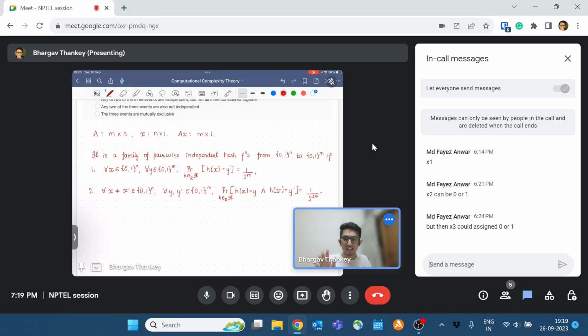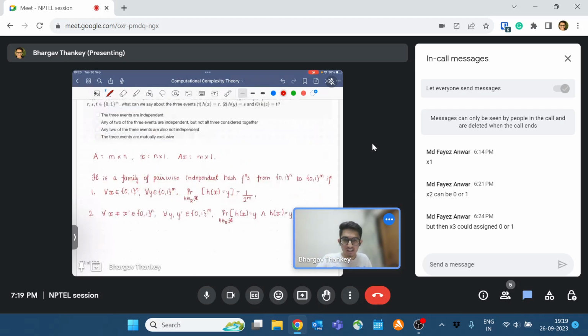If the word hash is bothering you, you can ignore it. In complexity theory m need not be smaller than n, though in most applications you would encounter, that would be true. So it could be anything. If it bothers you, let me just remove this.